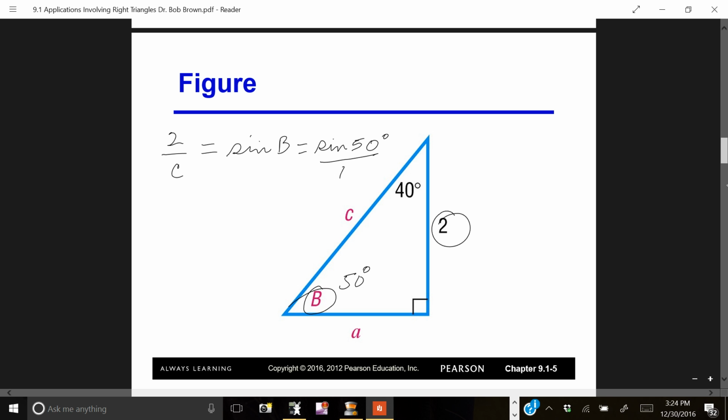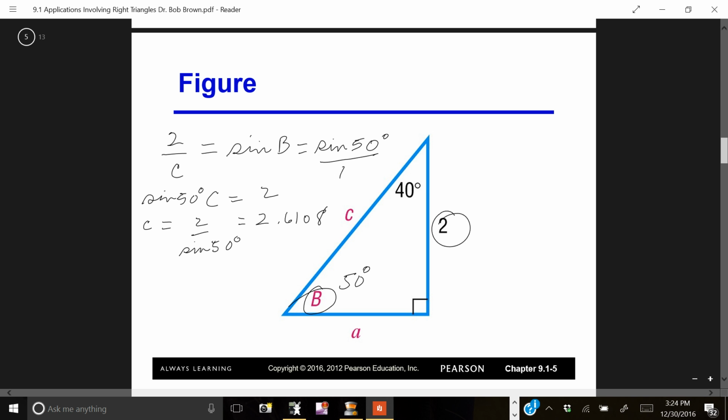And cross multiplying, we get sine of 50 degrees times c equals 2. And c is equal to 2 over sine of 50 degrees. And that is 2.6108.